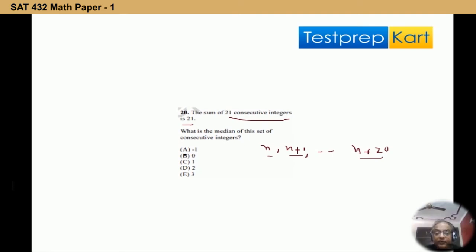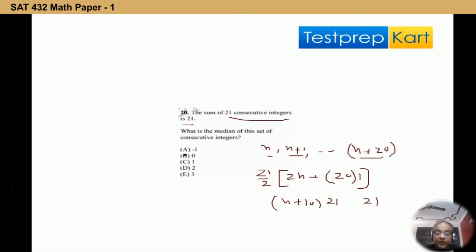The sum will be 21 divided by 2 into 2n plus 20 into 1. If I divide by 2, it will give me n plus 10 into 21. This is equal to 21.